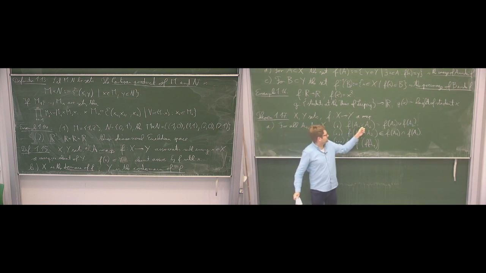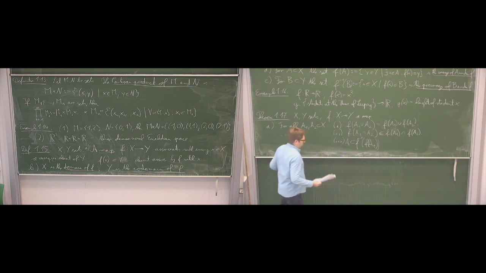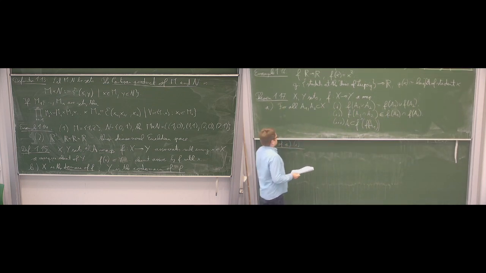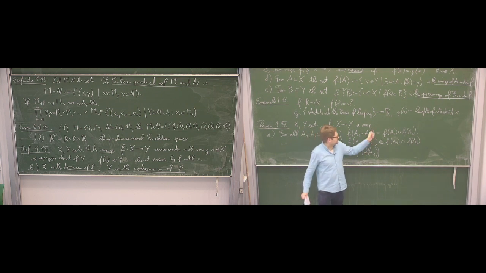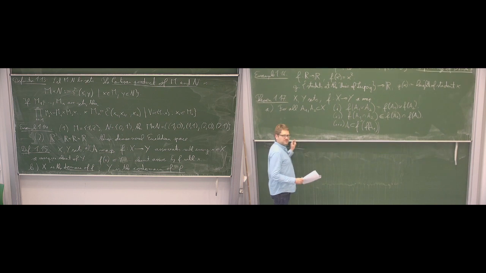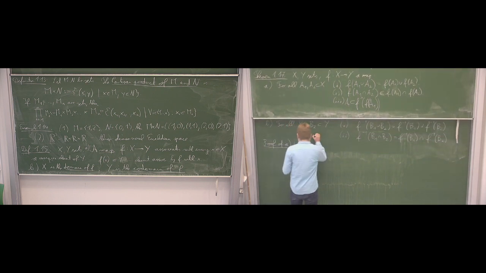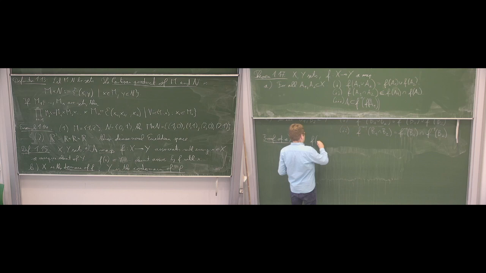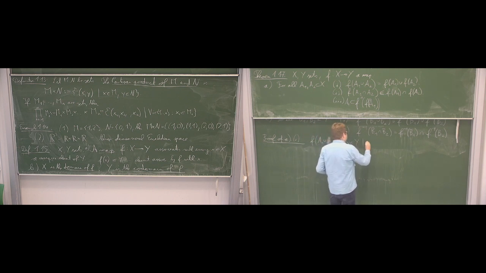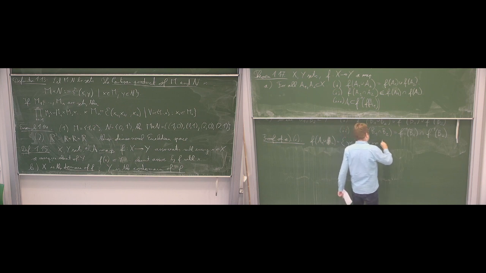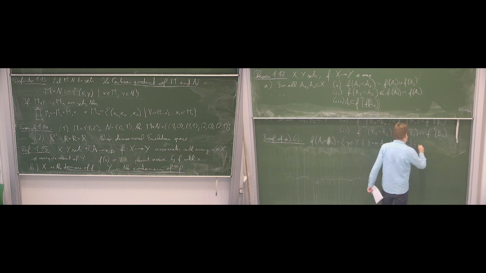Anyway, the image of a union is the union of the images. This is what we want to show. We could go the same way as before and show that this is a subset of this and then the other way around. But here is an example where you can do this directly without a proof with a lot of effort, namely if we just write down the definitions. The image of the union of A1 and A2 is by definition the set of all y in Y such that there exists an x in the union of A1 and A2 such that f of x is equal to y.